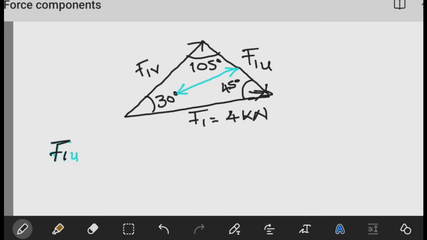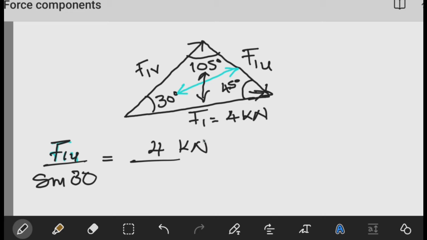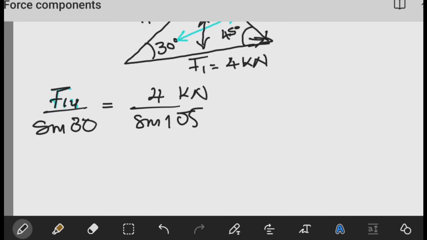So you have F1 in U over sine the angle opposite to F1U, which is 30 degrees, equal to, we can pick any pair here. We don't know what this side is, so we're going to use this pair. So we're going to have 4 kilonewtons divided by sine 105. From here, we can easily determine what F1 in U is.